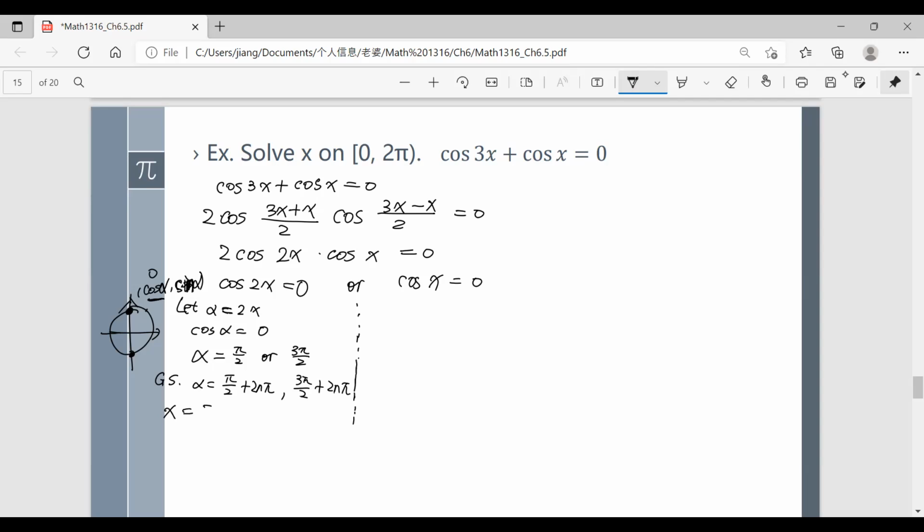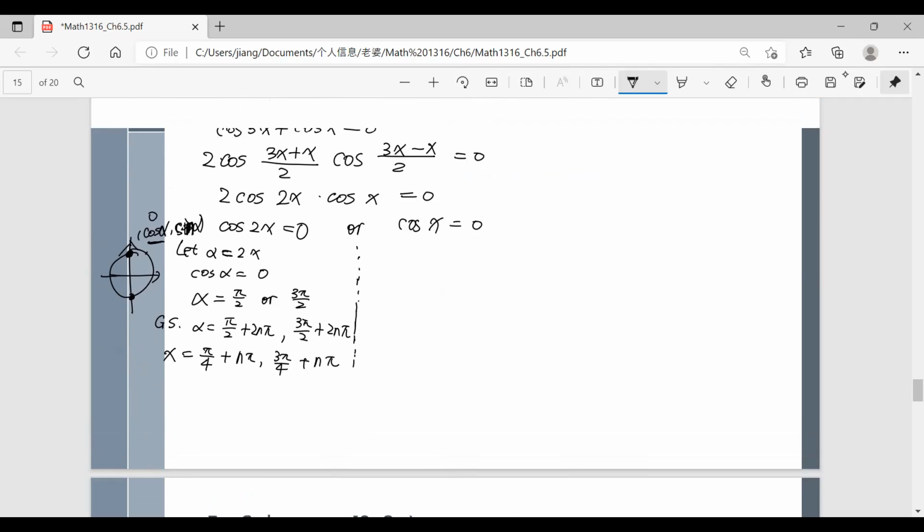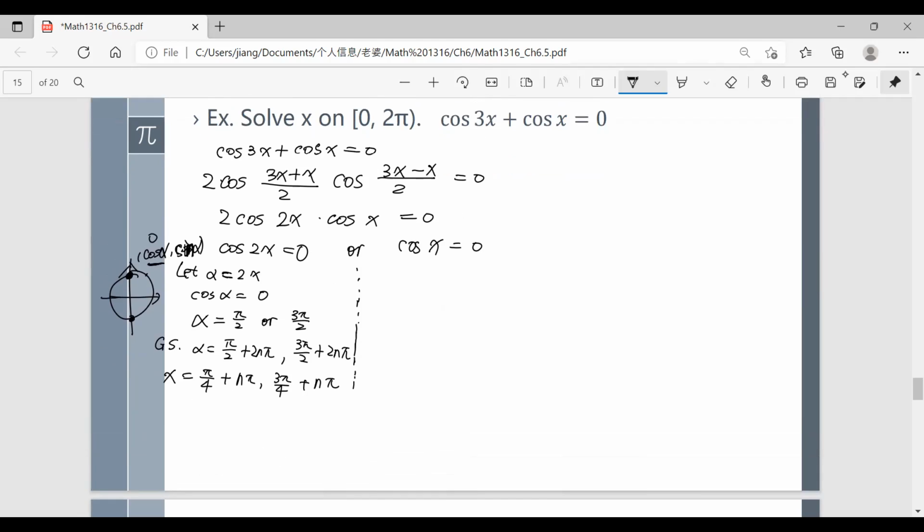That equals pi over 4 plus n pi, and this one is 3 pi over 4 plus n pi. And x is in 0 to 2 pi.